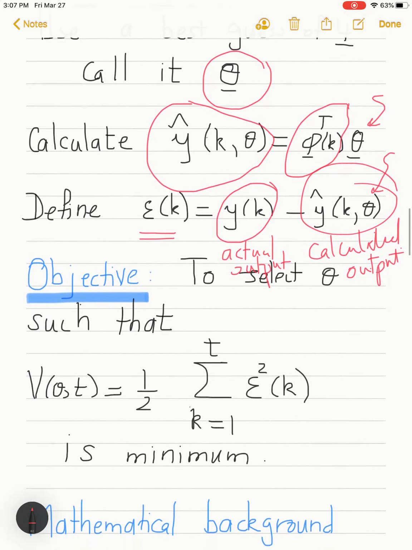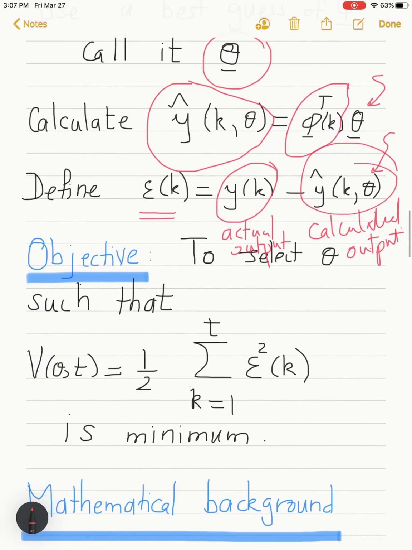Now the objective is to select theta such that the summation of the squares of the errors would be minimum. The error is the difference between the actual output and the calculated output based on the value of theta. I square that, and take the sum from k equal to 1 to t.